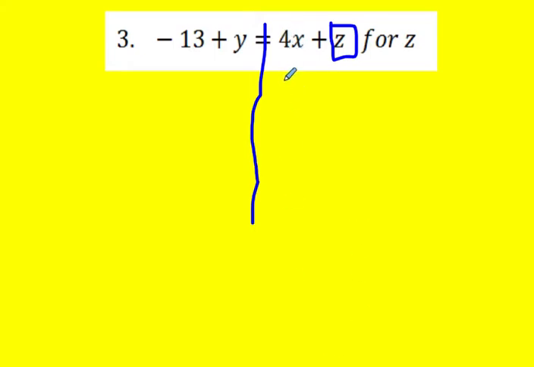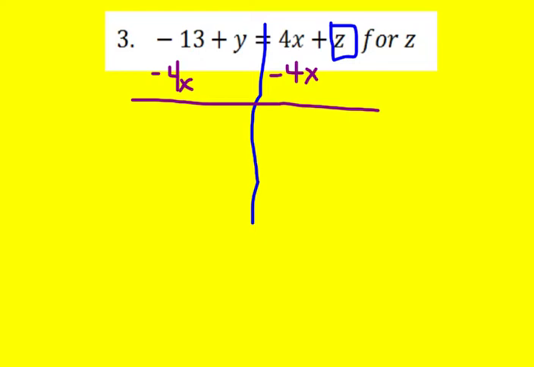Since this is a positive 4x, to get rid of it, I'm going to subtract 4x. And remember, if I subtract 4x on the right, I also have to subtract 4x on the left. Neither of these are going to be like terms with the 4x because neither of them have an x in them right now.